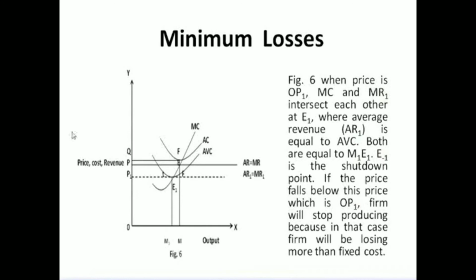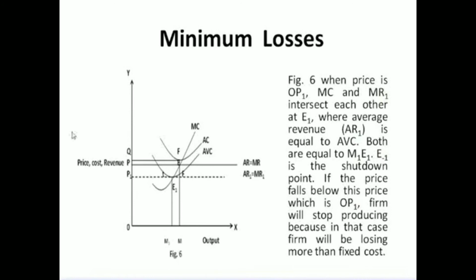Because if there are losses up to fixed cost and the firm stops producing, even then they have to incur that fixed cost. So it's better to continue the business. That's simple logic. While understanding the short-run equilibrium of a firm incurring loss, we can also see up to what extent the firm will incur loss to survive in the market.